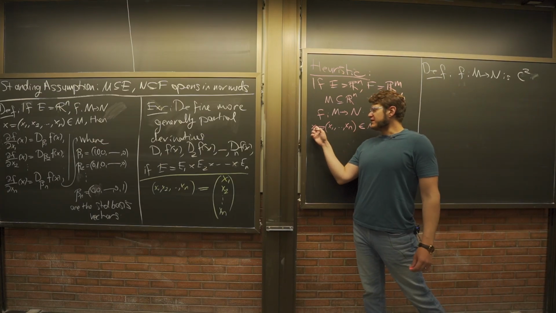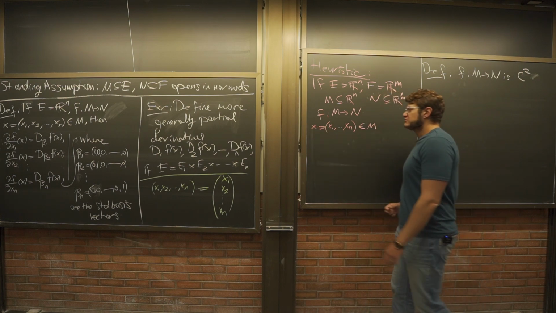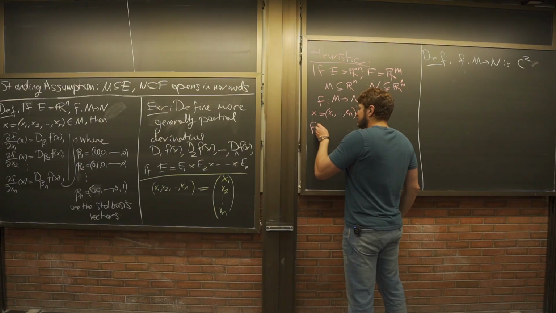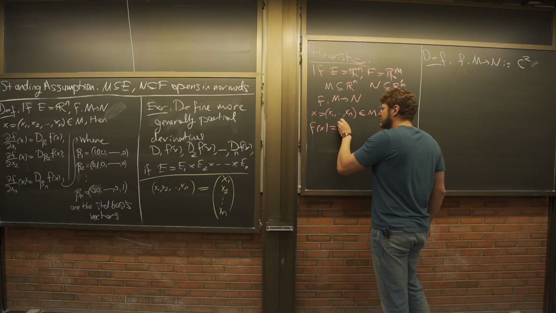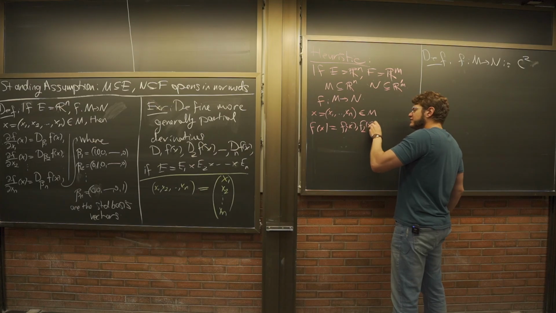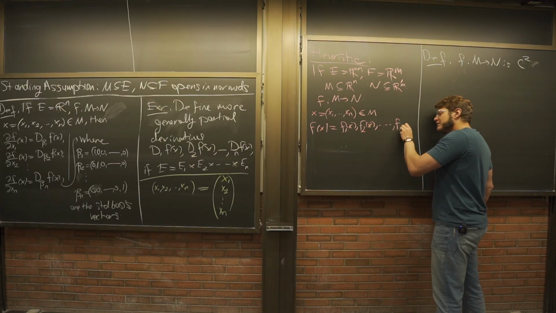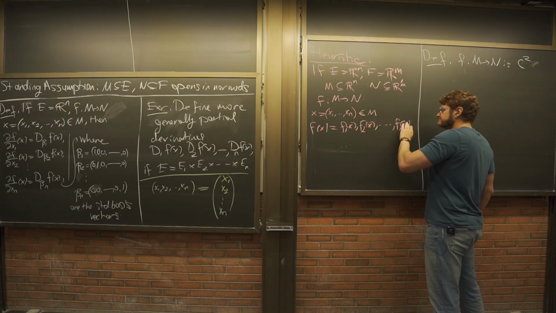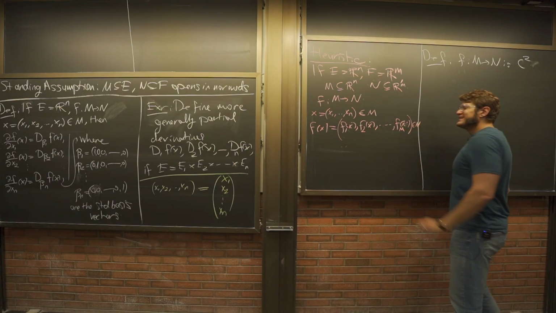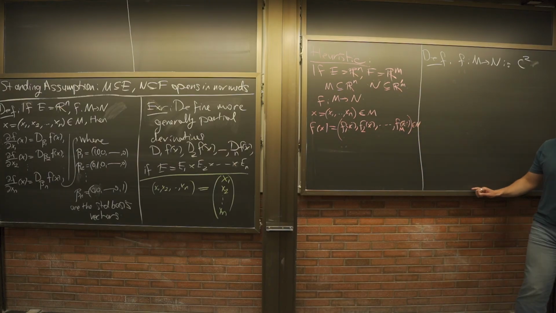Its output, f of x, is going to be an m tuple. So the n and m sort of are opposite somehow. It's inconvenient. But f of x is going to be f1 of x, f2 of x, dot, dot, dot, fm of x. That's going to be a point in Rm. It's going to be an m tuple.